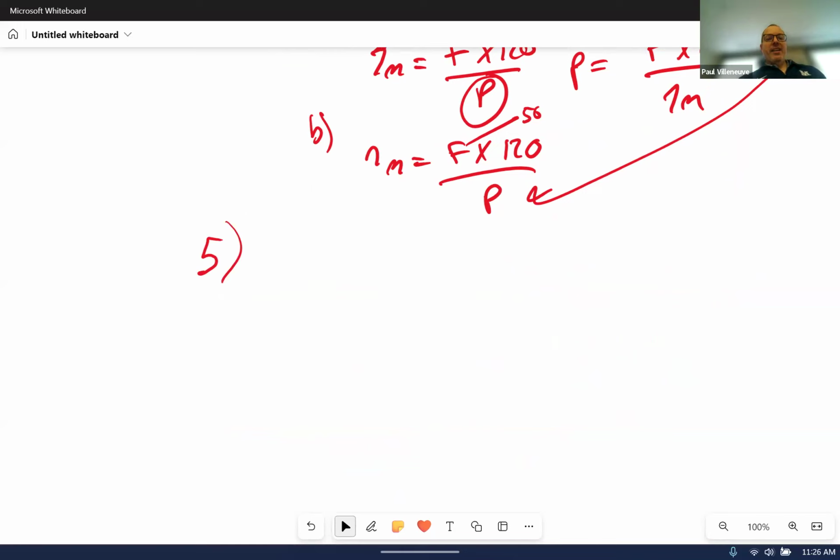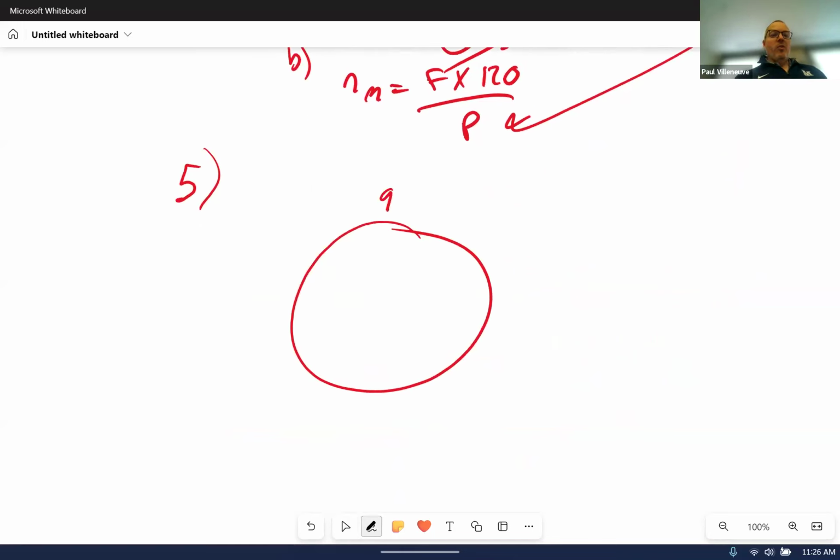All right, number 5. I just did a 2-pole, or 2-phase machine, I should say, to hopefully make it easy. And what we said is the first thing you do, take your fingers, wrap them in the direction of the winding current, and your thumb points in the direction of the magnetic field. So the magnetic field, because of current flowing there, is here.